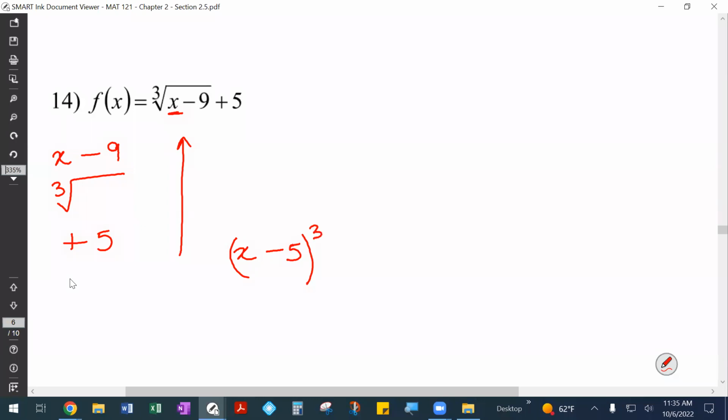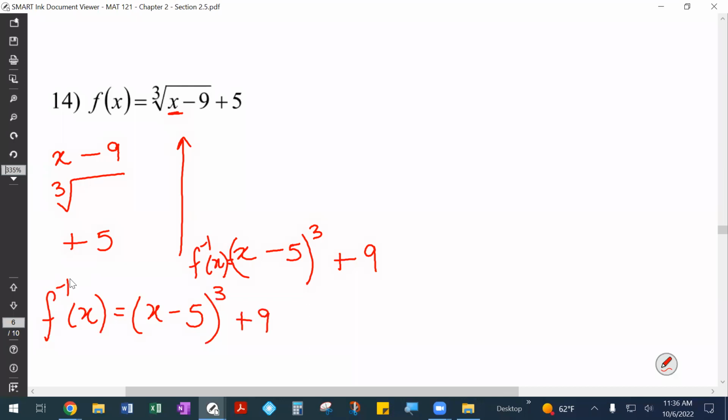And then minus 9 was the first operation we did, so minus will become +9. So this will actually be your inverse function for this guy over here. So this is going to be X minus 5 to the 3rd power +9, and this was using our little shortcut method.